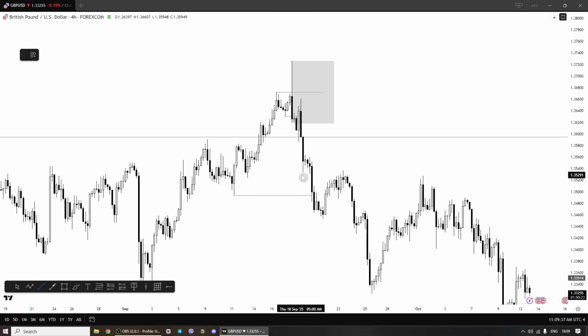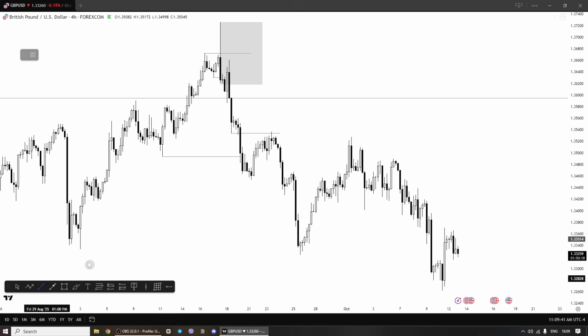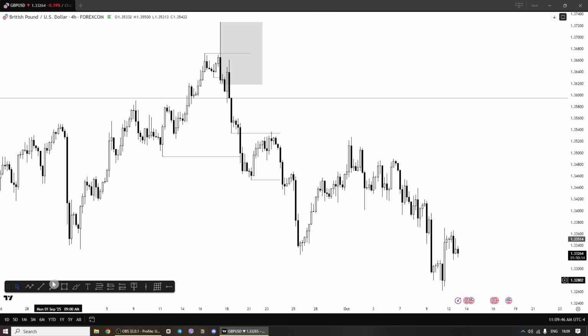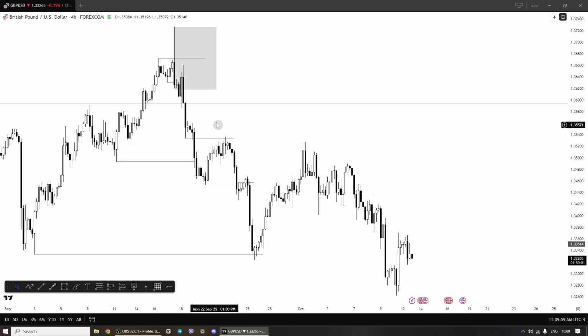And once we do that, we get another external taken out, and we need internal to sponsor our move down. And once we give a major draw on liquidity, we can see a retracement, of course. But the intermediate term highs created in the high that took the low can hold the price down.